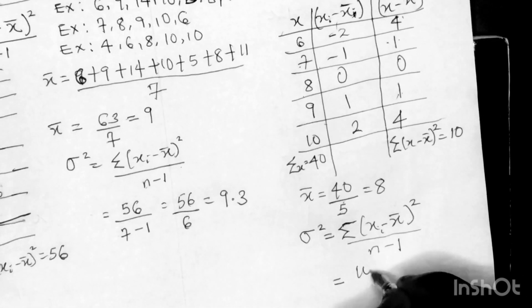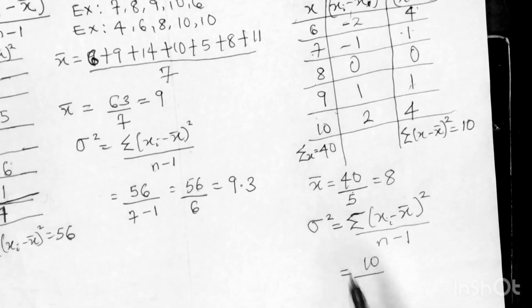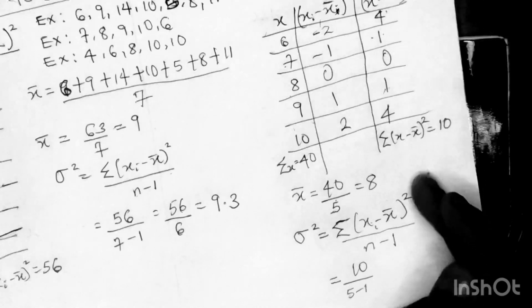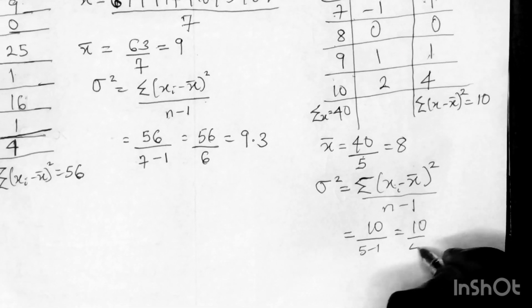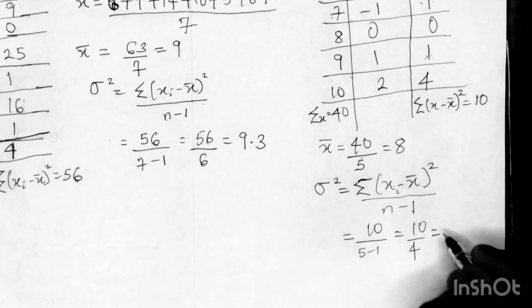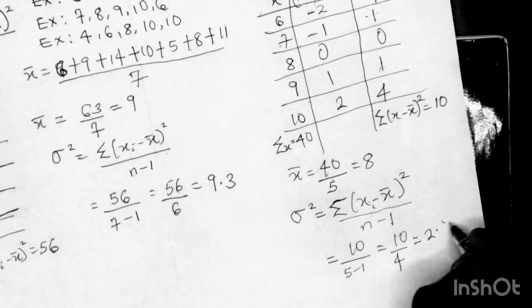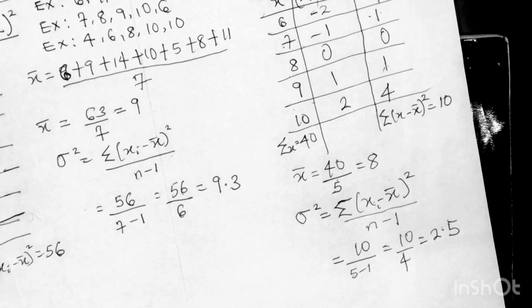So that's 10 over, how many numbers do we have? 1, 2, 3, 4, 5. So this is now 5 minus 1, and 5 minus 1 will give us 4. So that's 10 divided by 4. And 10 divided by 4 will give you 2.5.